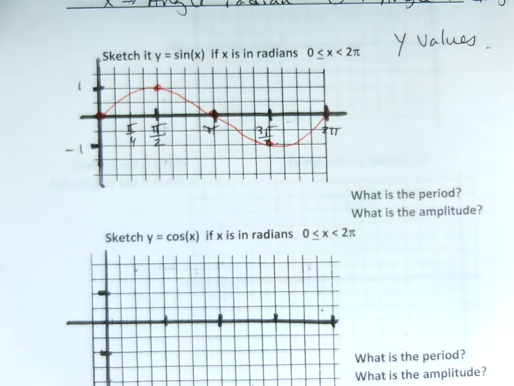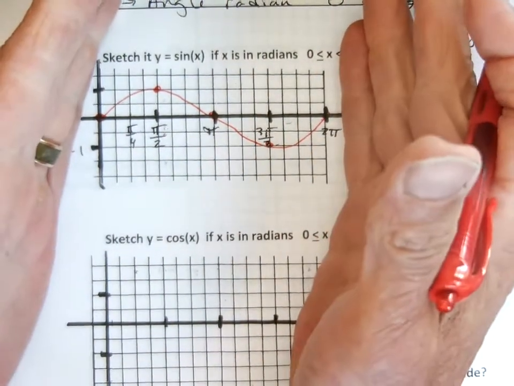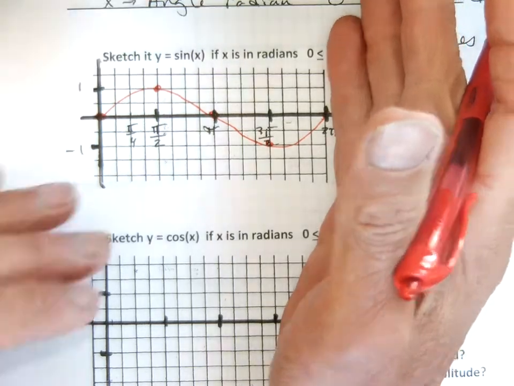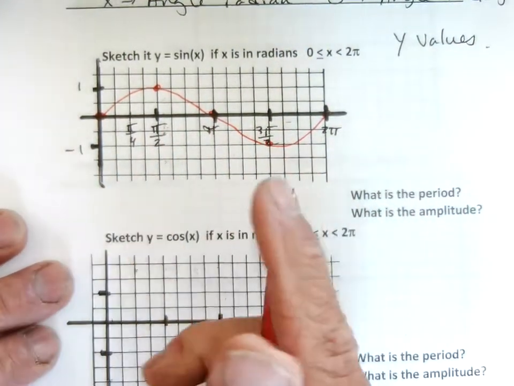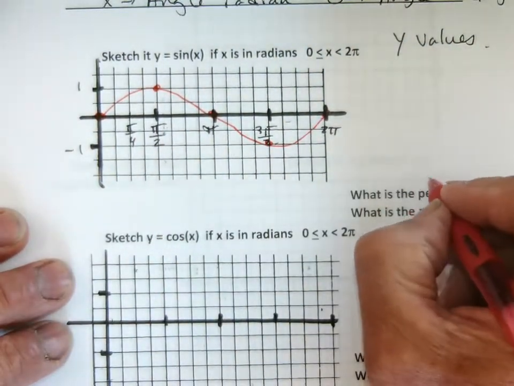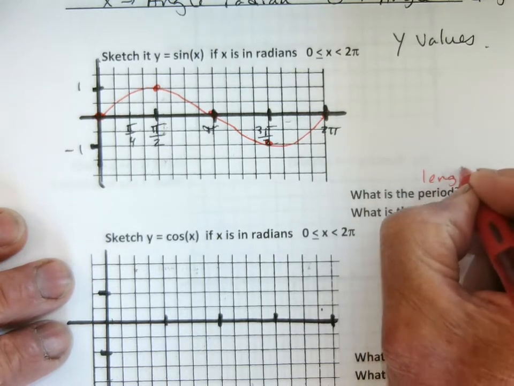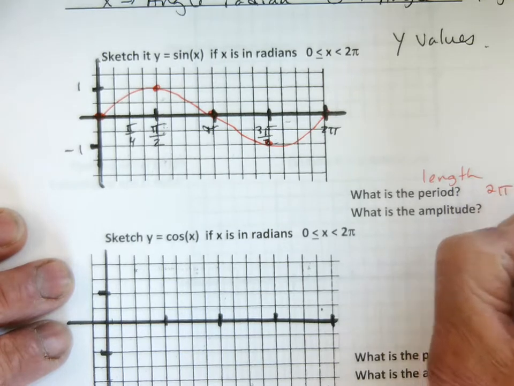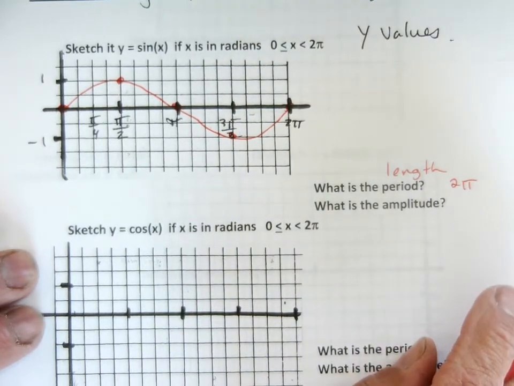Now this thing keeps going and going like a wave, in the ocean or a sound wave, and tide keeps going and going. But one curve has got this shape. The length of one curve is called its period. The length of a sine curve is 2 pi radians.